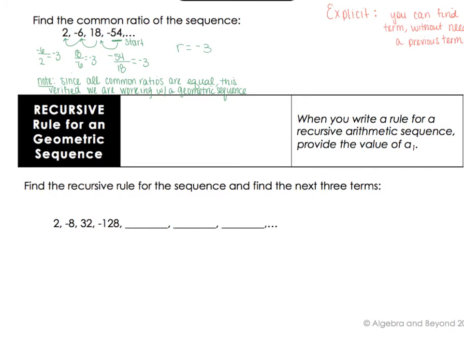For us, our rule is going to be a sub n equals r times a sub n minus 1. So we have our common ratio times our previous term. This is how we find our rule.